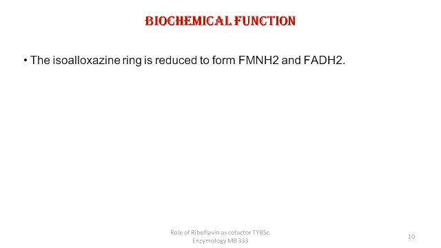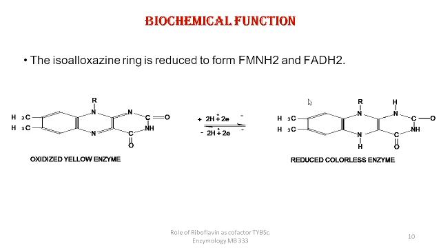So, coming down to the biochemical function, as I said earlier, it is the isoalloxazine ring, the three-ring structure, which is reduced to form FMNH2 and FADH2. Here we can see that the nitrogen at the fifth position and the nitrogen at the first position are the ones that are reduced. So this is how they bind to two hydrogen atoms and get reduced.